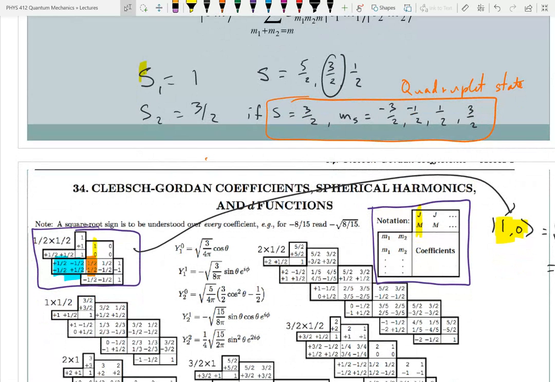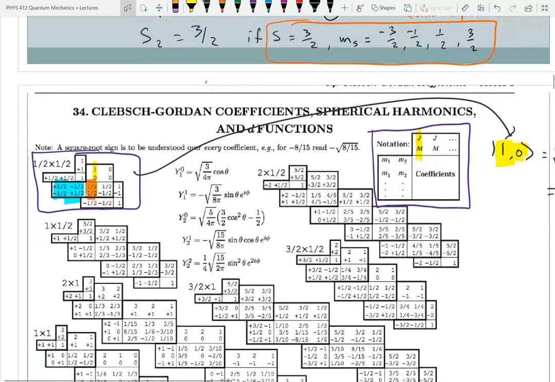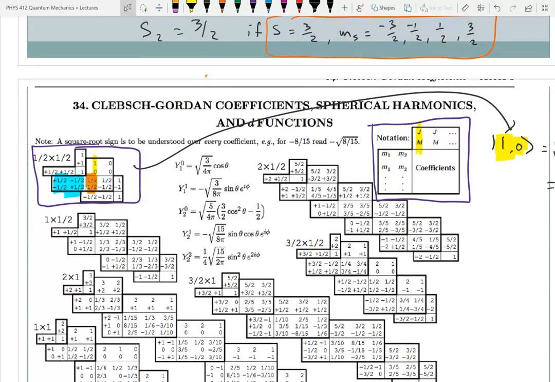And now let's choose a specific variation on this. We can look here at our table and see this table has a lot of options: 5/2 for the spin, 3/2 for the spin, 1/2 for the spin. That's all you have for the spin.